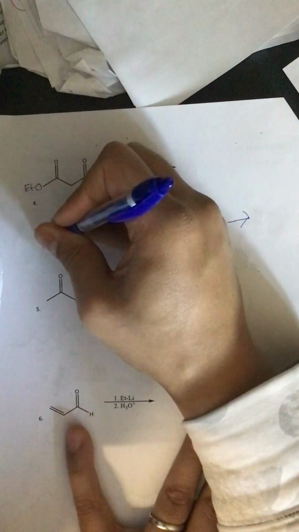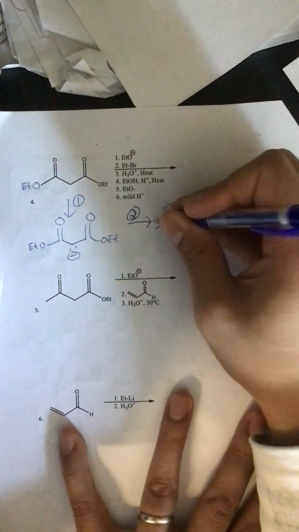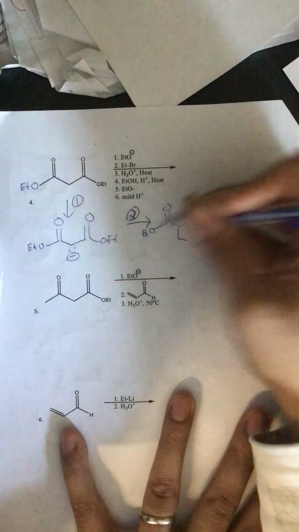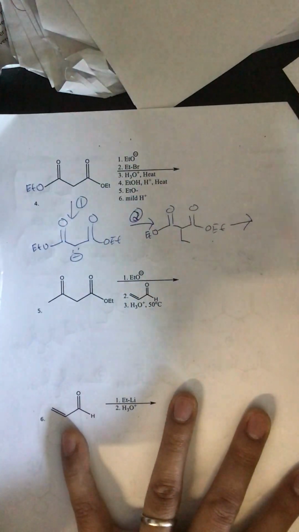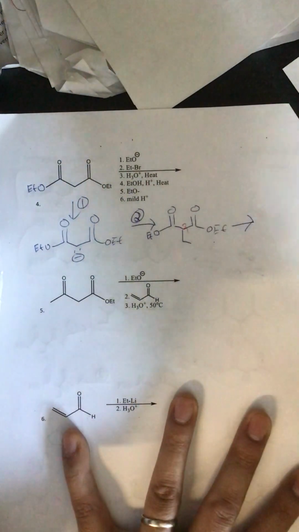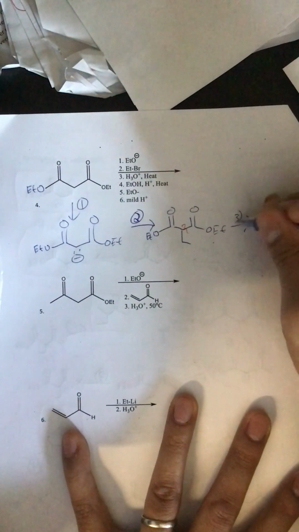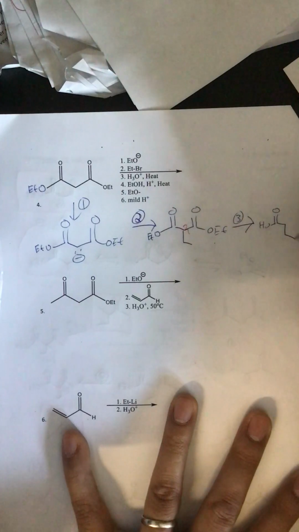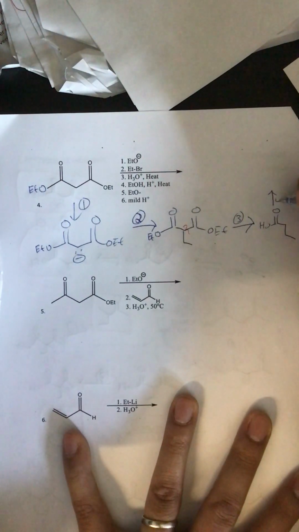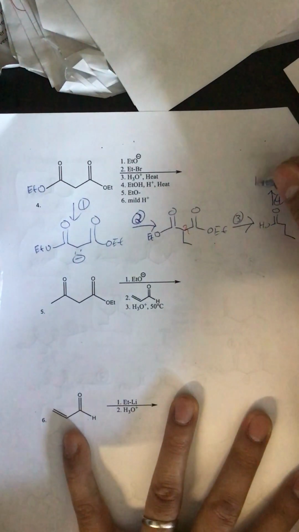This is a typo. Otherwise, this one doesn't work. Step 3, we're going to hydrolyze and decarboxylate. So this is going to be like cut off that right there. Step 4 is Fischer esterification.